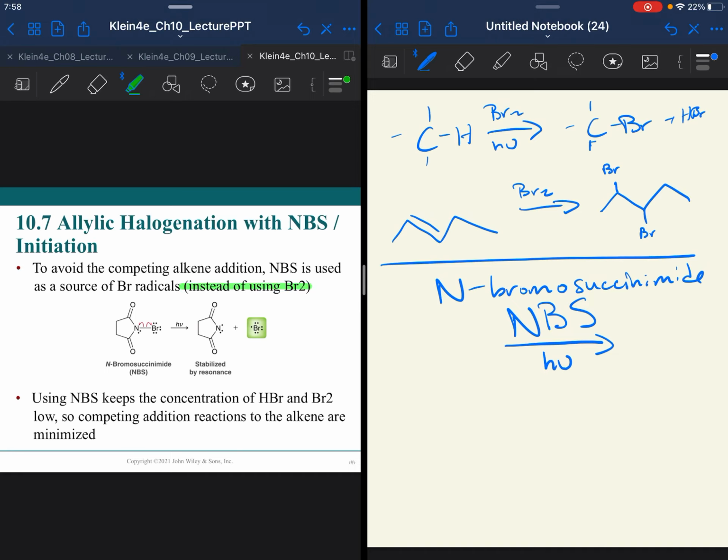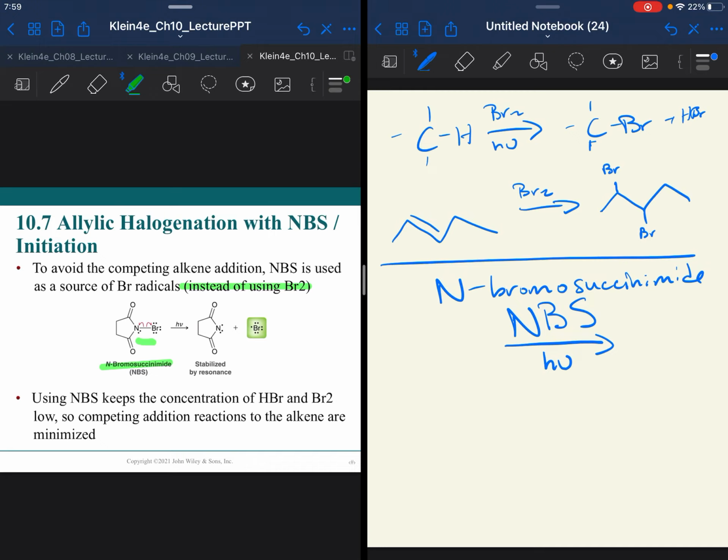So here is what NBS looks like. We have succinimide, which is this 5-membered ring with a nitrogen and two carbonyls, and it's bromosuccinimide because there's a bromine attached to the nitrogen. This bond is homolytically cleaved in the presence of hν, in the presence of this particular wavelength of light.